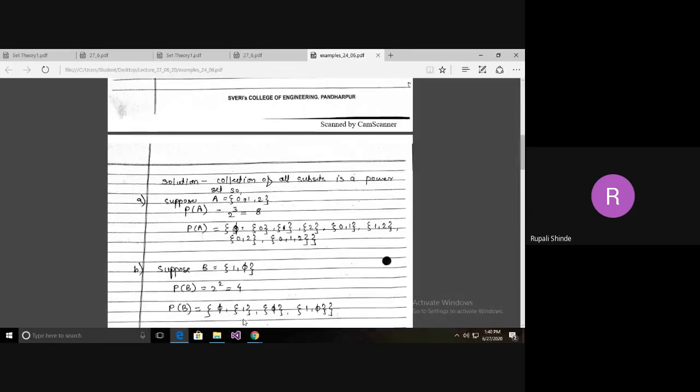The next element is {1}. Don't call this one only 1; the meaning of 1 and {1} is different, so you have to write {1}. Then the next one is {5}, and the last one is {1, 5}.